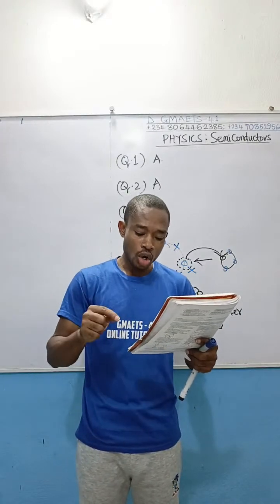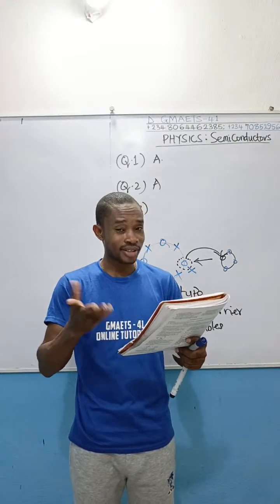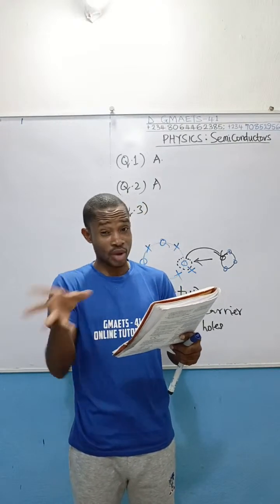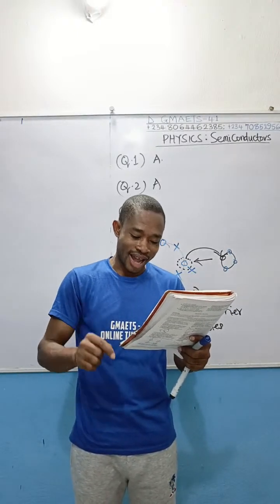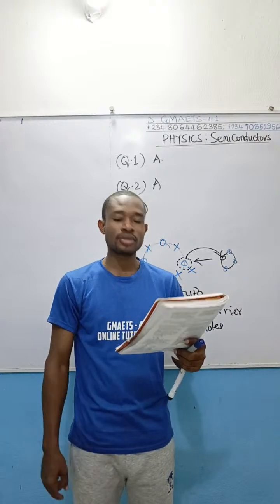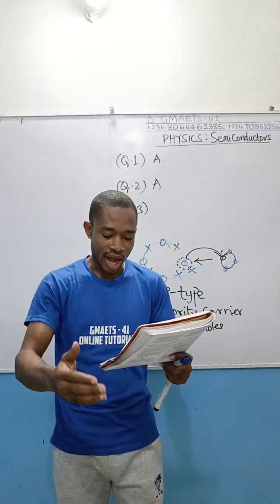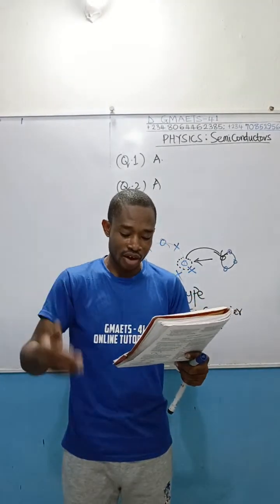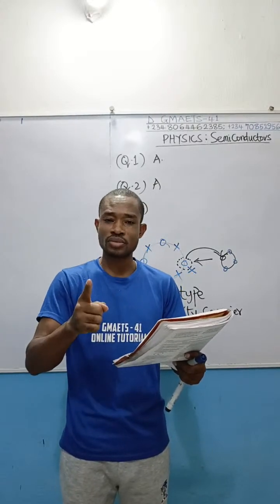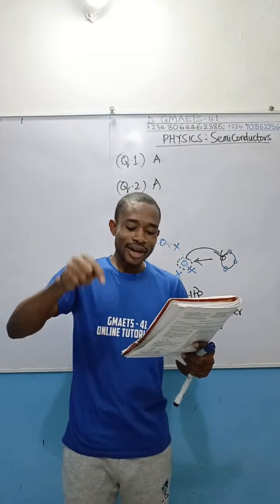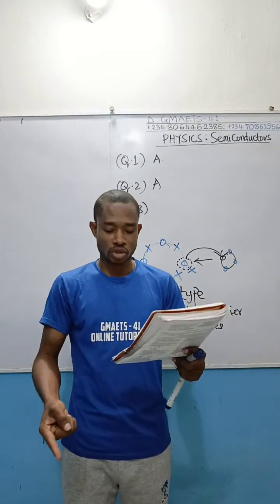B. Holes are the majority carriers in P-type. I agree with that, but we have another part of it, while electrons are the majority carriers in N-type. Good. Option B makes sense. Option B is saying that holes are the majority charge carriers in P-type, which is true, while electrons are the majority charge carriers in N-type, which is also true.